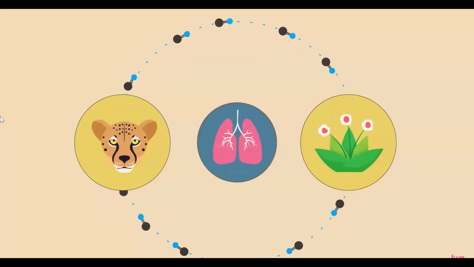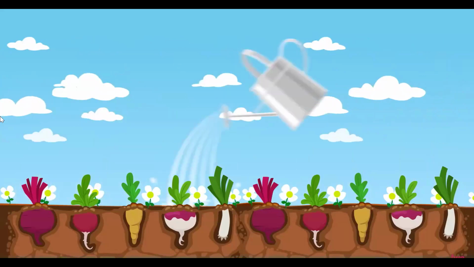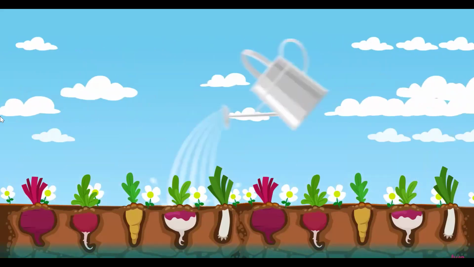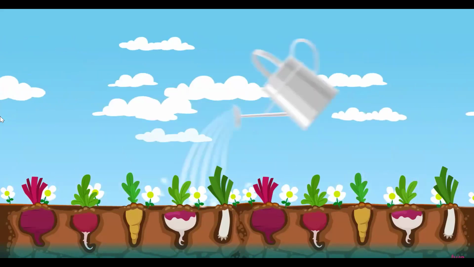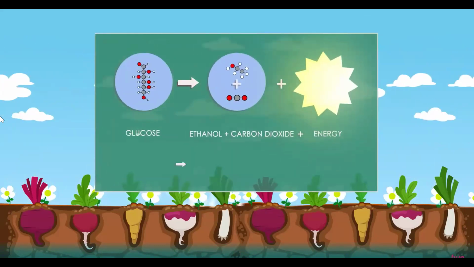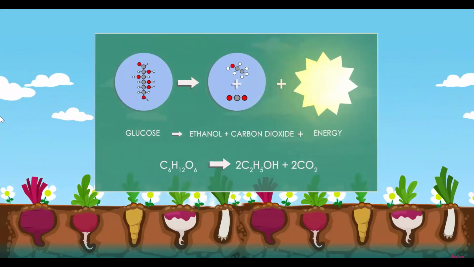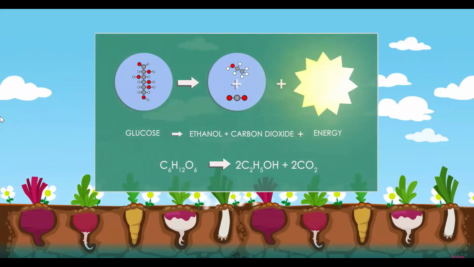What about in plants? The oxygen supply can run out for plants too, such as in waterlogged soils. This then forces plants to have to carry out anaerobic respiration, as they too need to respire constantly. Here's a generalized anaerobic respiration equation for plants. Notice how instead of lactic acid being produced, ethanol and carbon dioxide is made instead.